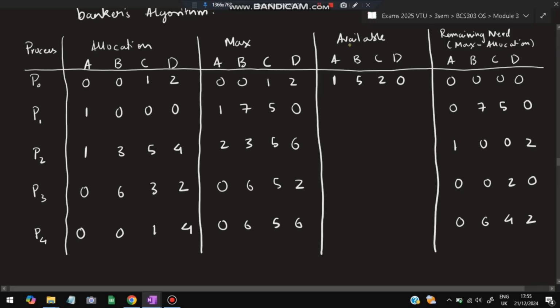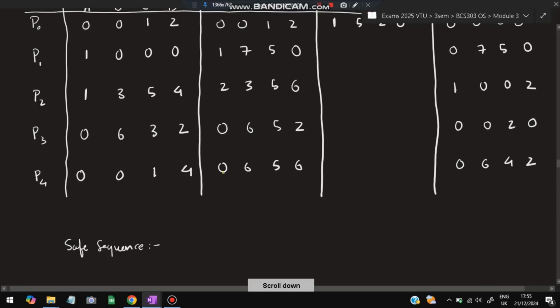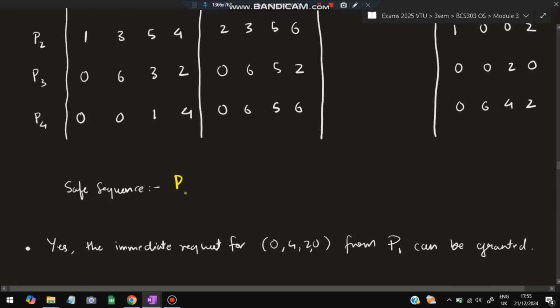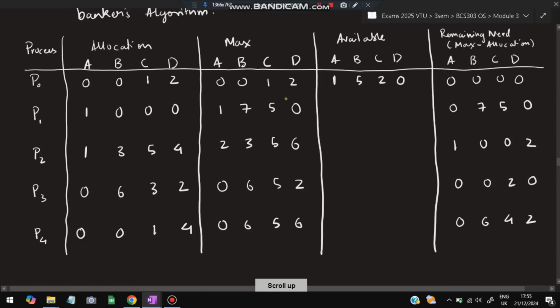Now, available I have 1 5 2 0. First check for this one. What is the remaining need? Always you have to check the remaining need. Remaining need is 0 0 0 0. Whenever the remaining need becomes 0, that means this process can be executed. So first P0 will be executed, and we'll eliminate P0 from the table, meaning we won't consider it anymore.